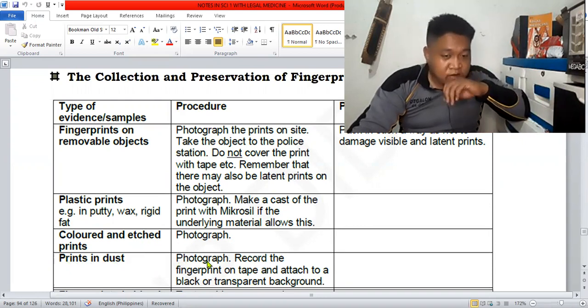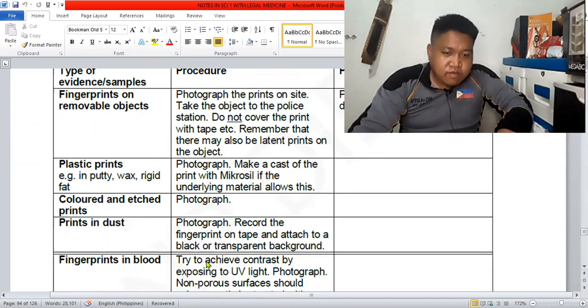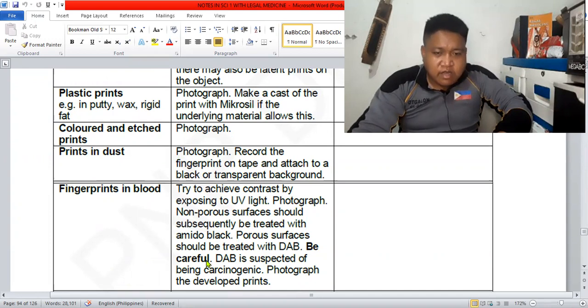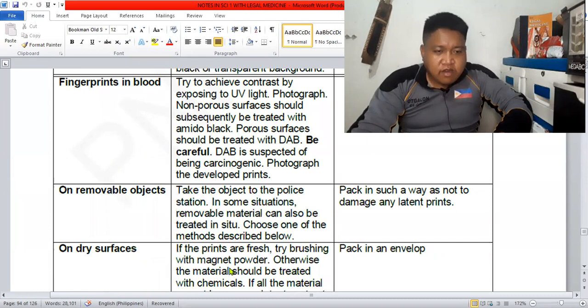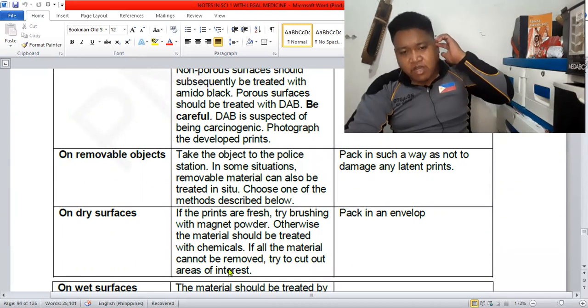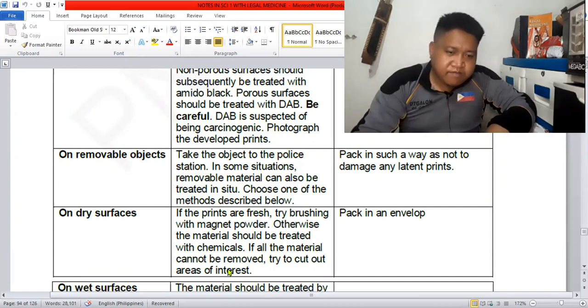Prints in dust, anong gagawin? Photograph. Okay? Fingerprints in blood: try to achieve contrast by exposing to UV light. Photograph. Non-porous surfaces should subsequently be treated. On removable object, on dry surfaces, if the print is fresh, try brushing with magnetic powder.